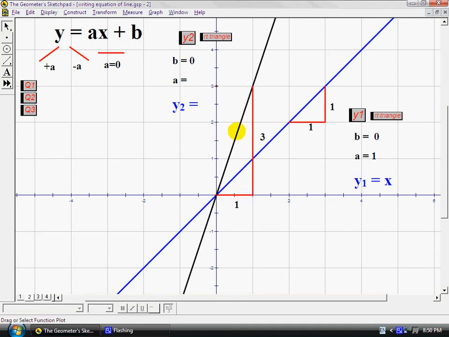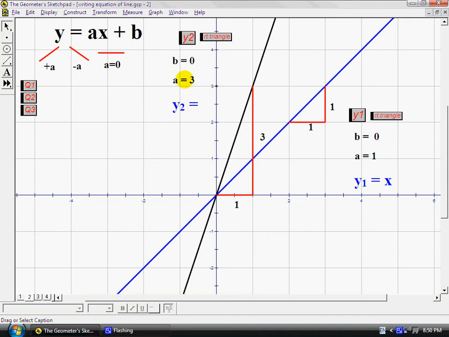Thus the slope y over x is 3 is to 1, or simply 3, because 3 over 1 is equal to 3. Because the graph is directed this way, we expect that the slope is positive.